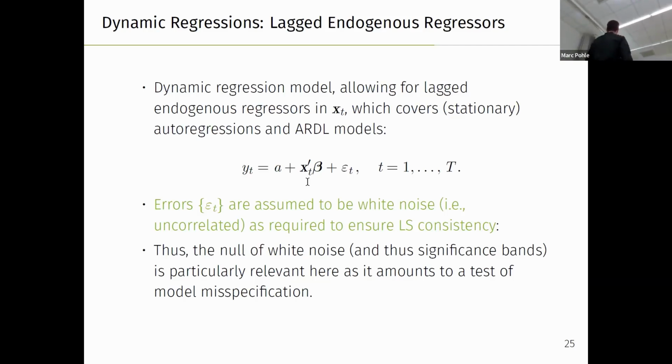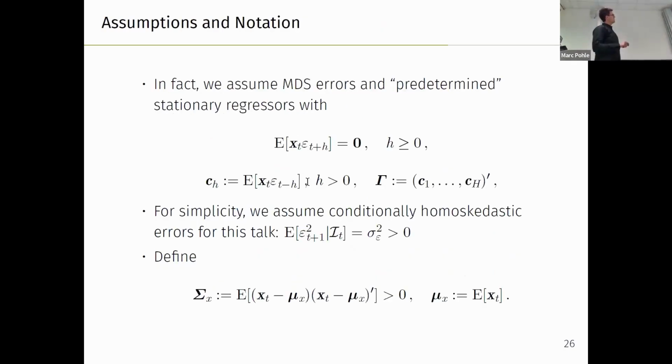The confidence bands are not really interesting, but the significance bands are all the more interesting because the errors epsilon_t have to be white noise in order for the least squares estimator to be consistent in a dynamic regression. So the significance bands are in a way a test of correct model specification, since we are interested in the null hypothesis of white noise.